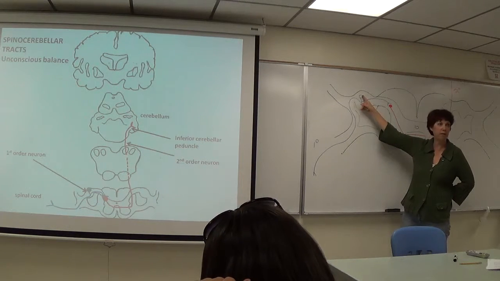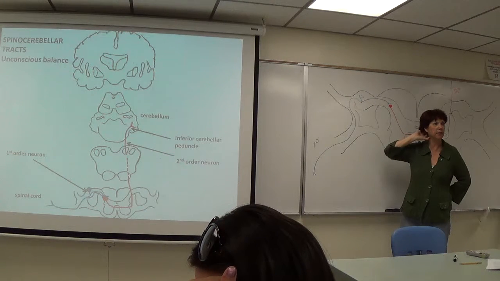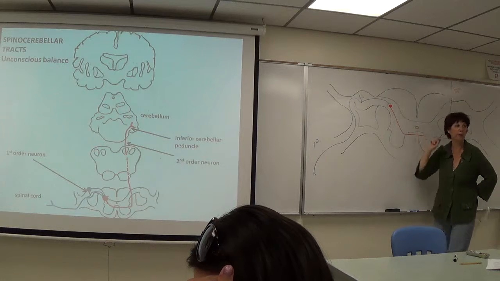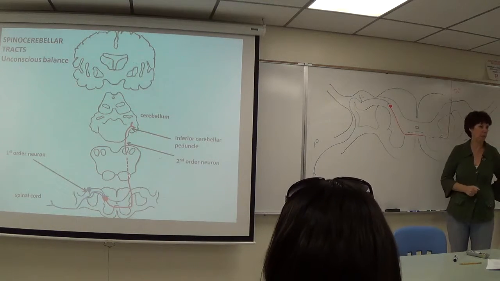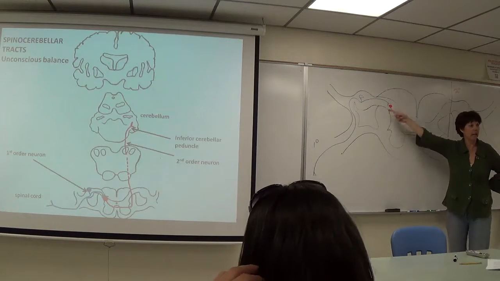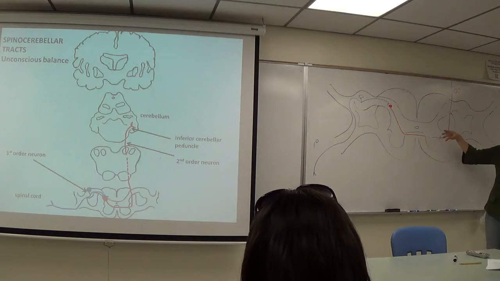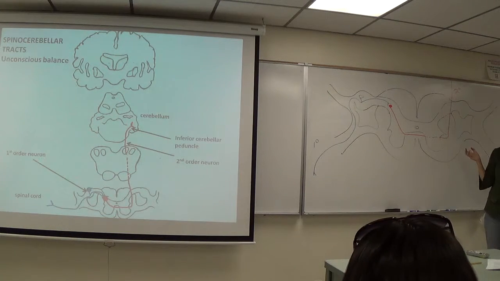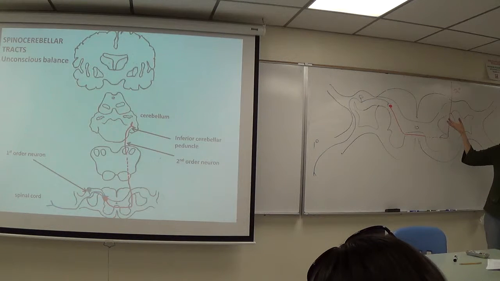The first order neuron cell body is always going to be in the dorsal root ganglion for a spinal nerve. It's always going to go through the dorsal root. It will stop here unless it's the posterior column pathway. So in the two examples we have, it stops here. The second order neuron will always cross over, either in the spinal cord or in the medulla, but it always crosses over. If we have a third order neuron, it's always in the thalamus. Okay?